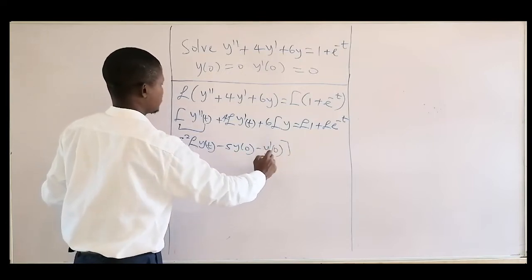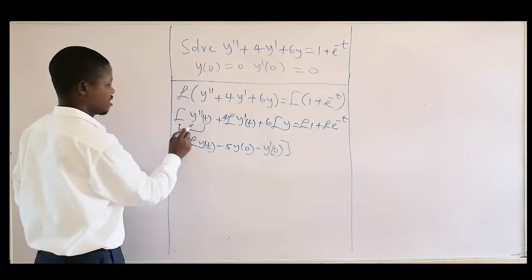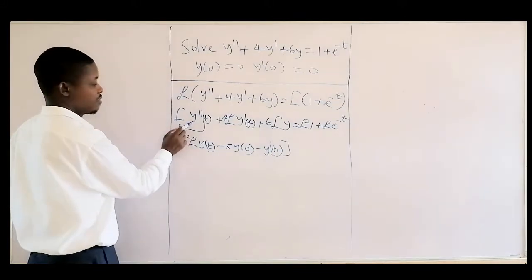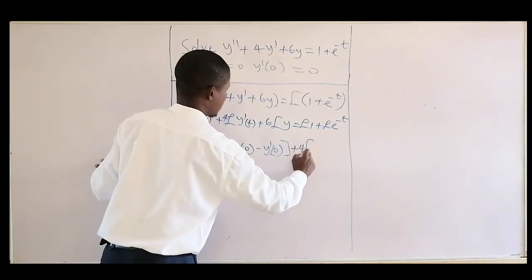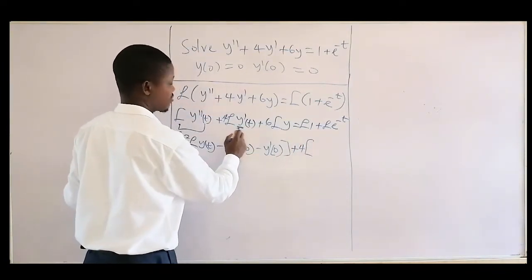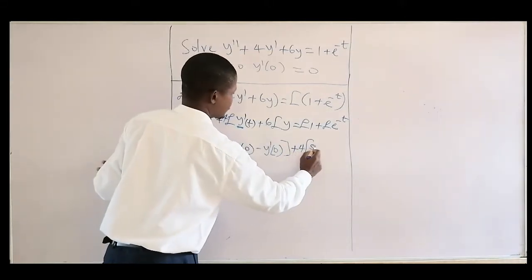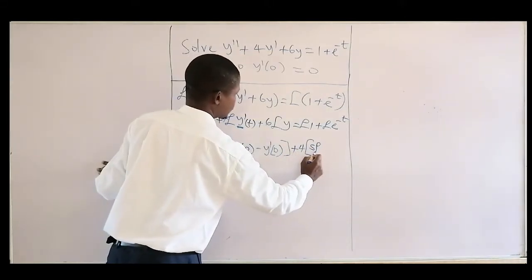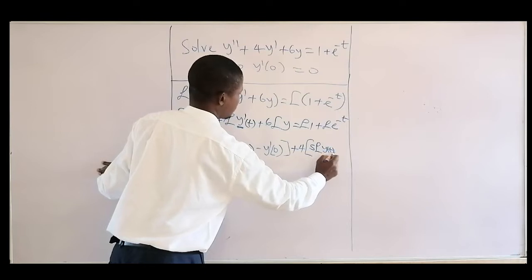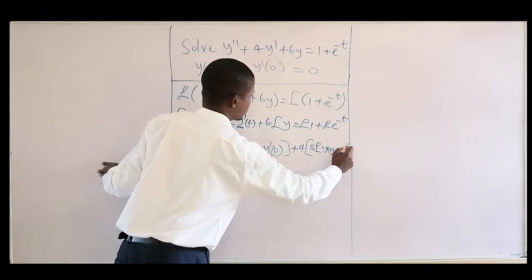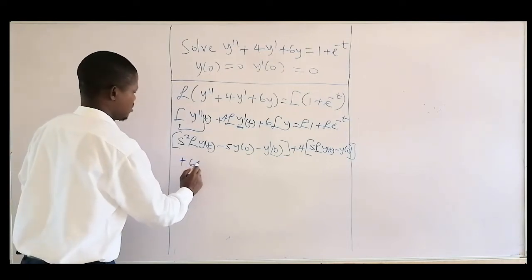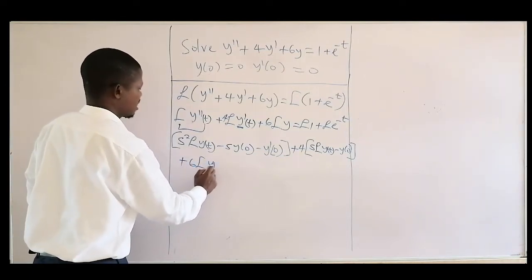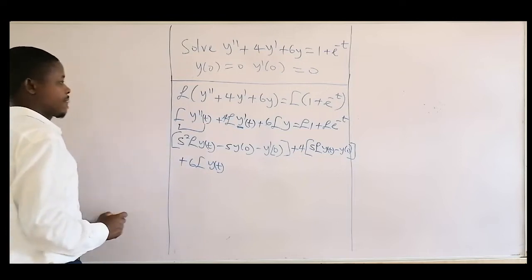That's the Laplace transform of the second differential. Then the second one, 4 is outside, and the Laplace transform of the first differential will be s times the Laplace of y of t, then minus y of 0.